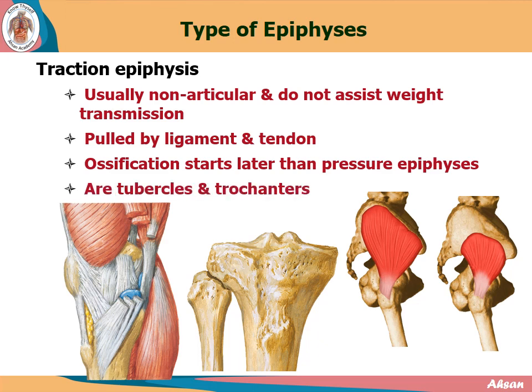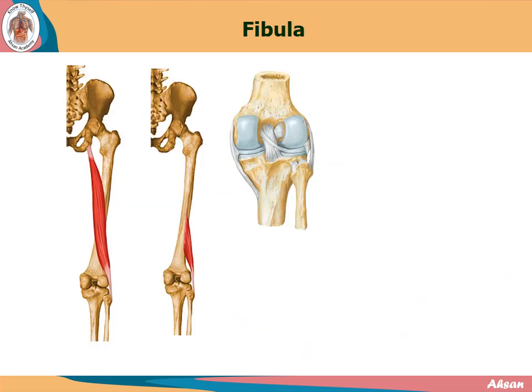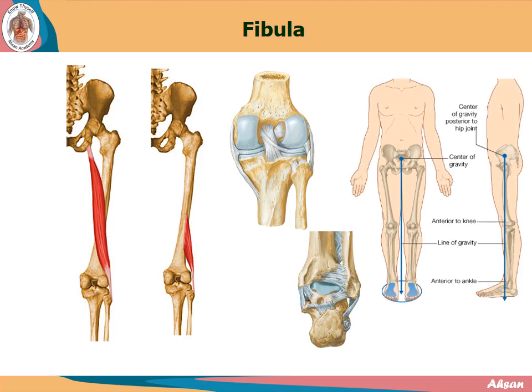The examples you can say are the tubercle and trochanter present on the bone. Fibula is the exception. You see, the upper end of the fibula makes a joint, but it is not in the line of transmission of the weight. There is no pressure epiphysis here, but you can see the muscle inserted here and pulling it. Also ligaments are there.